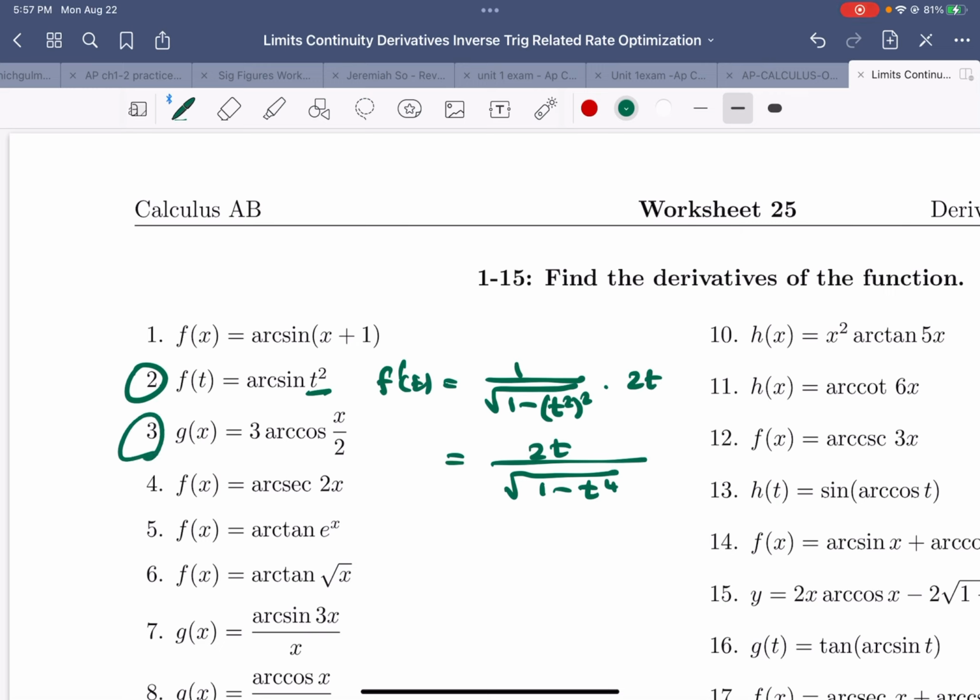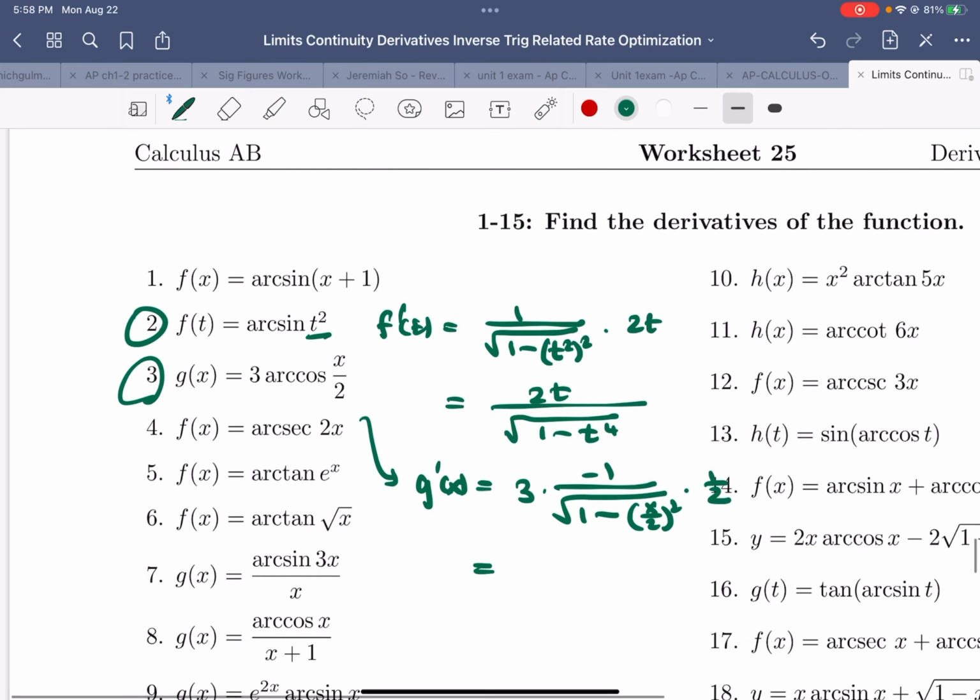Let's do one more, 3. So g prime of x, arc cosine, inverse cosine derivative, the 3 is just there. Negative 1 over square root 1 minus x over 2 squared, times the derivative of x over 2, which is 1 half. Okay, so you can simplify it a little further.